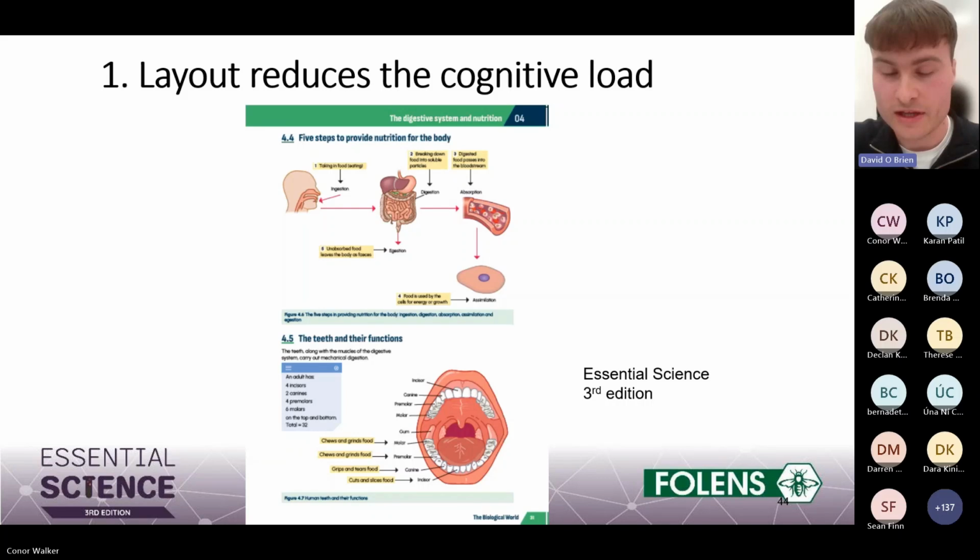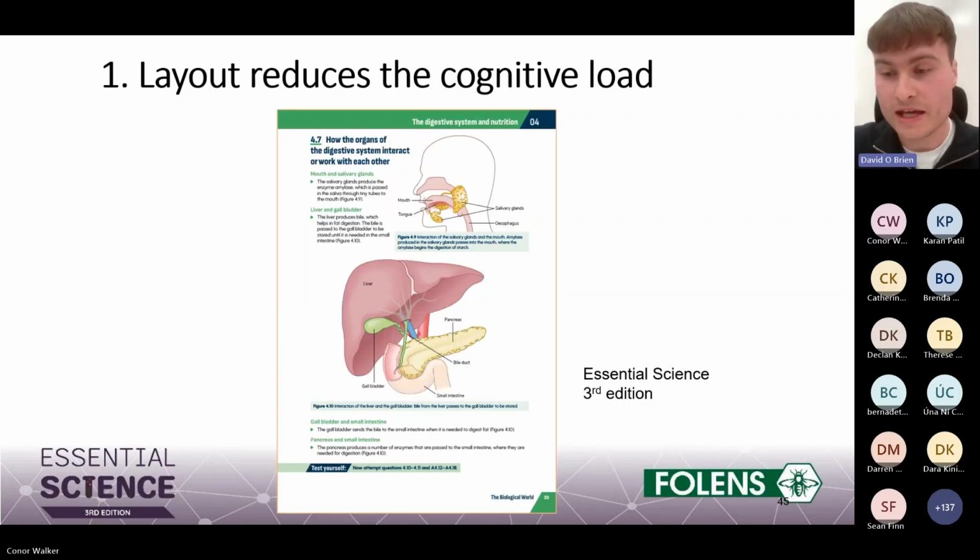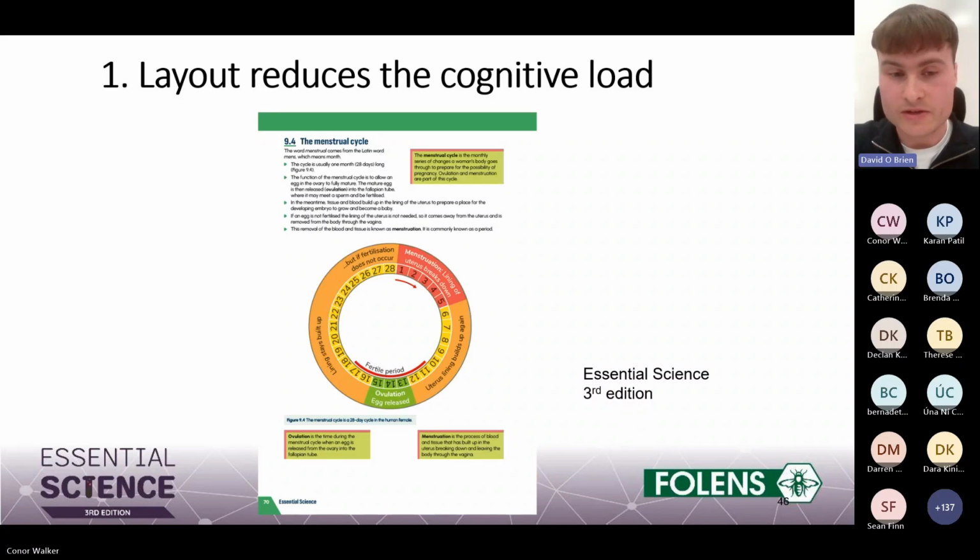Next slide, please. Again, there we have visually impactful, less information on the page. Next slide, please. And again, we have another example from biology with the menstrual cycle with the same features.